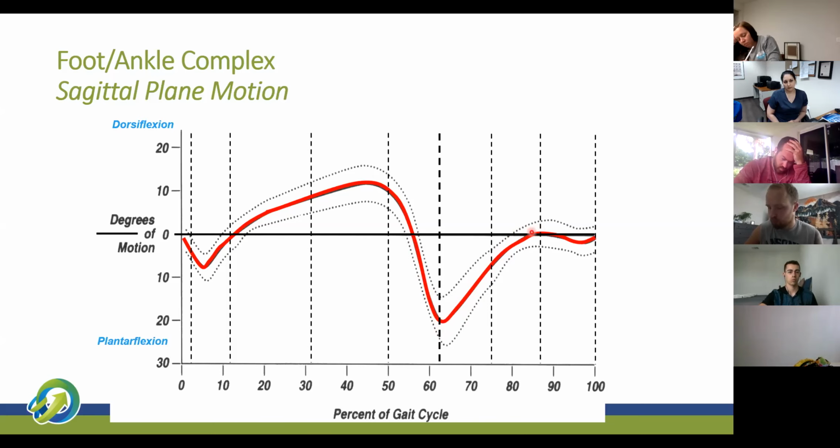And then they can kind of take a little break because the foot's already made toe clearance. And then you get a little bit of plantar flexion in preparation for initial contact. But we're still pretty close to neutral. We only have a few degrees of plantar flexion at this terminal swing phase. And then once we're ready for initial contact, we go right back into plantar flexion.